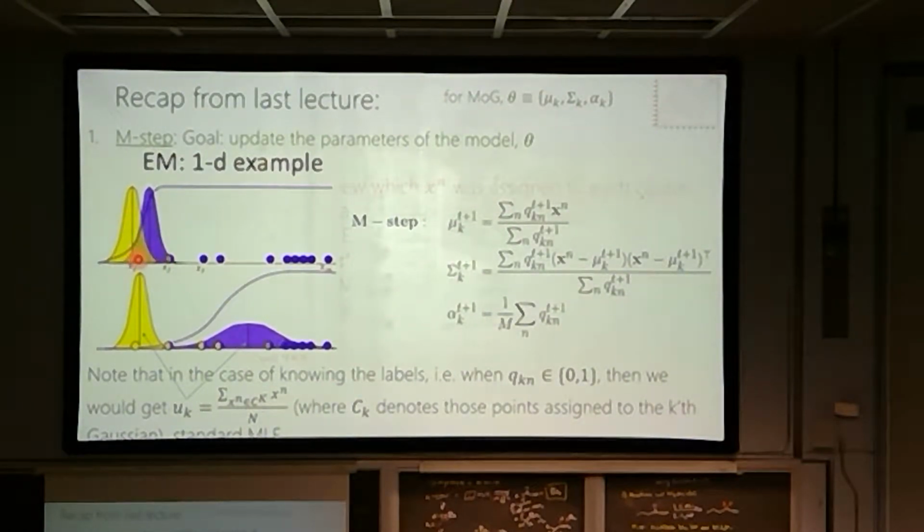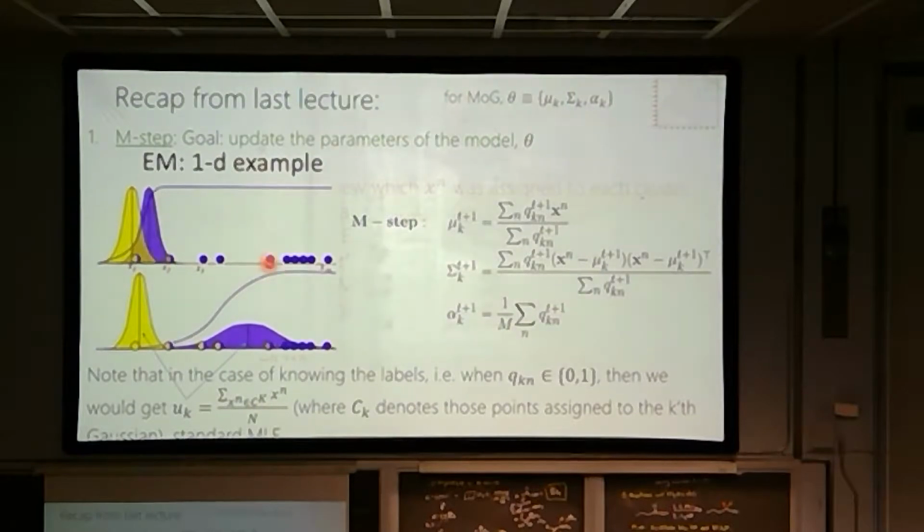In contrast, this point is going to affect both the yellow and the purple. It'll affect the yellow one a little bit more because its weight will be a bit higher. And as I go further this way, the points will increasingly only affect the purple one. Once I apply these updates, I move the mean and change the covariance, in particular in this way. This mean gets shifted a little bit to the right because all the points assigned to it are a little bit to the right.